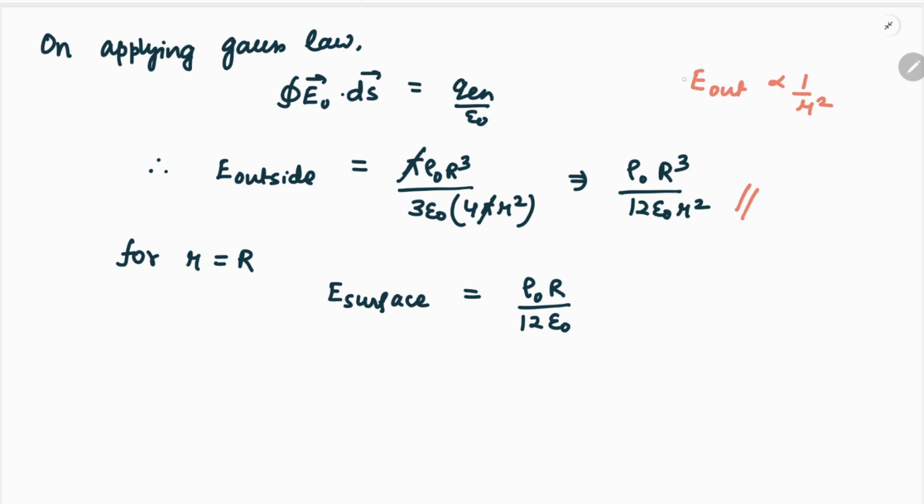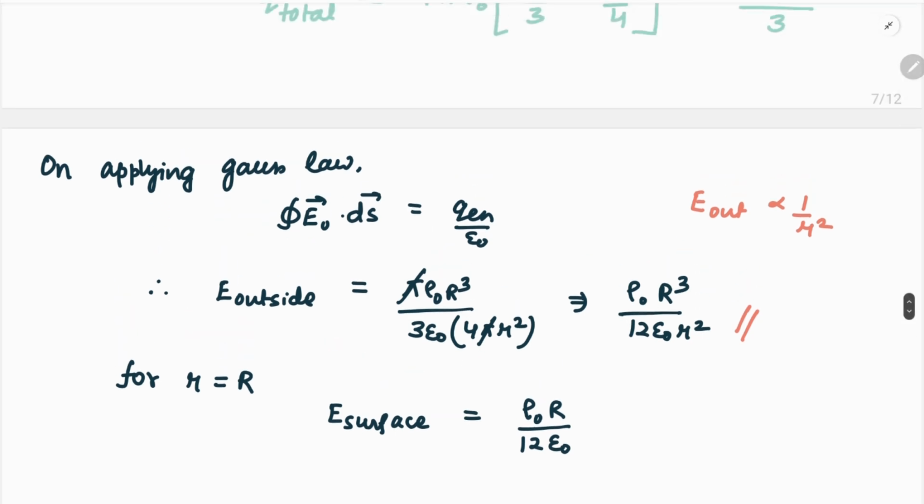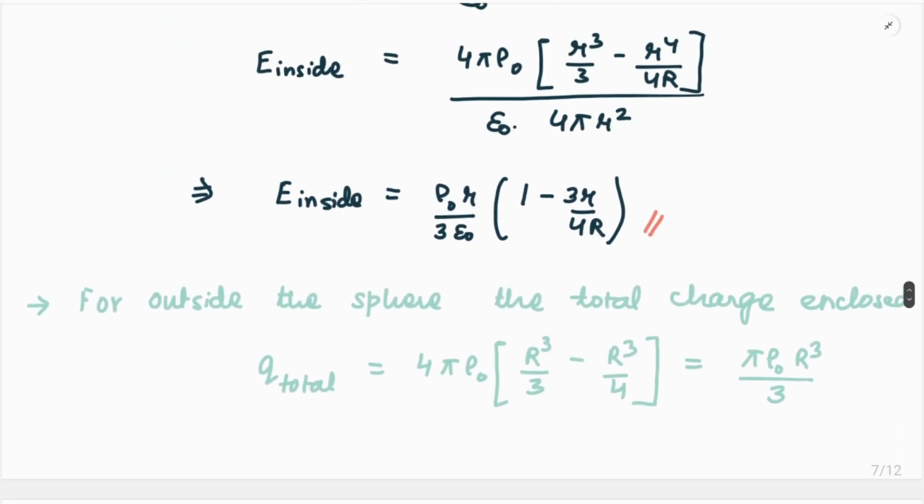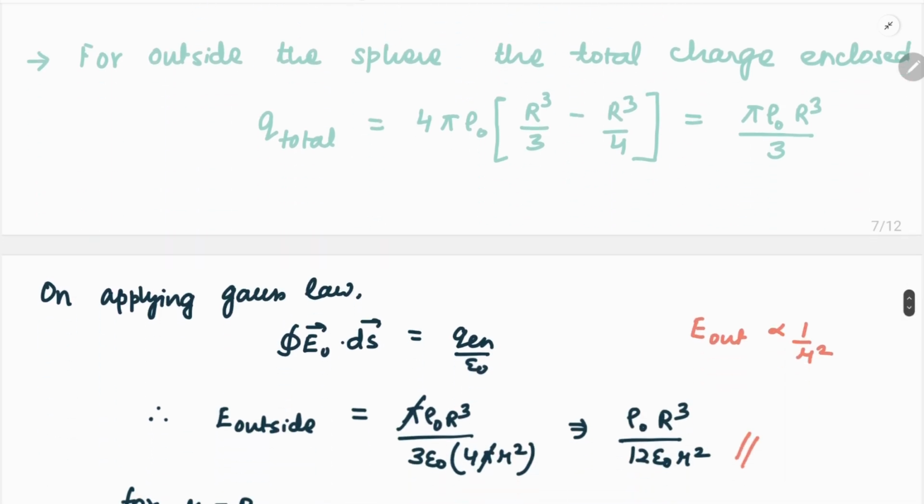As distance increases the electric field strength will decrease. So the maximum value of electric field is only possible when E is inside the sphere. So for calculation of maximum value, we are again referring to the part where we calculated E inside the sphere. Now we come to the next part of the problem, which asks for the maximum value of electric field.